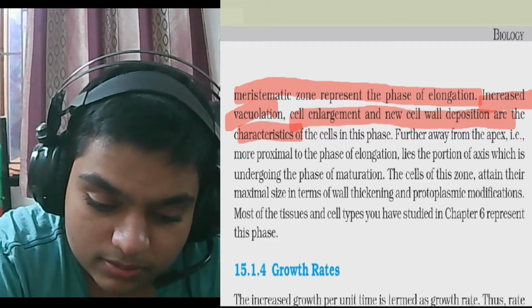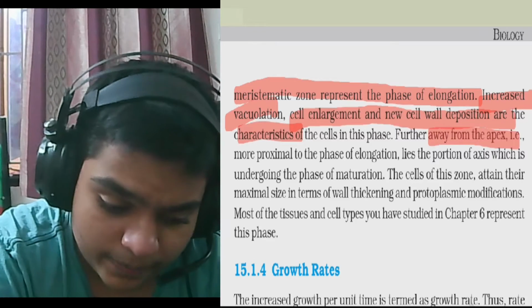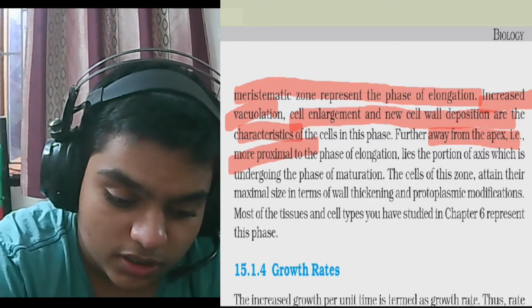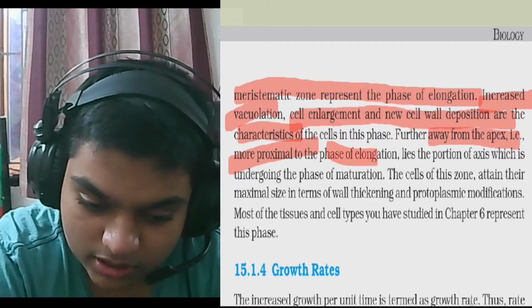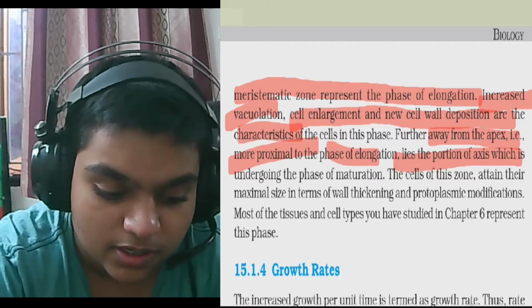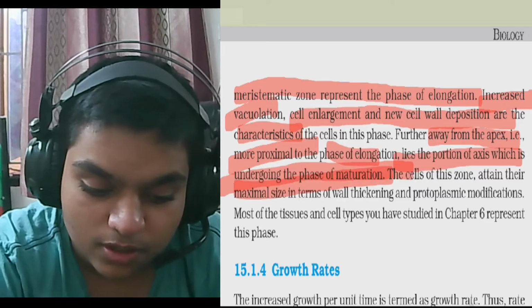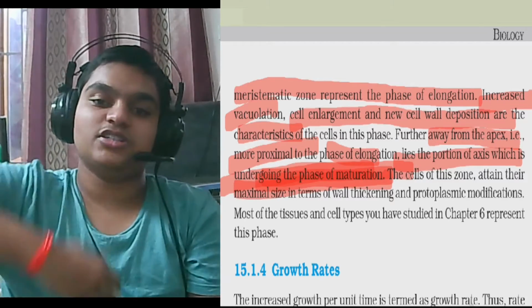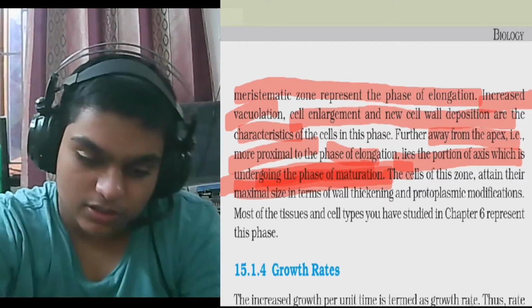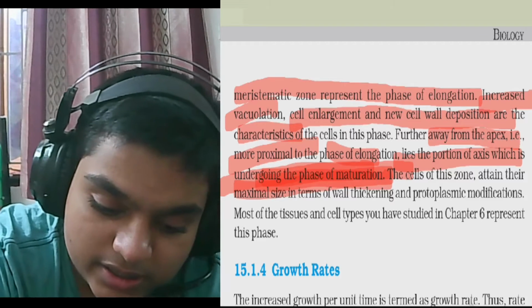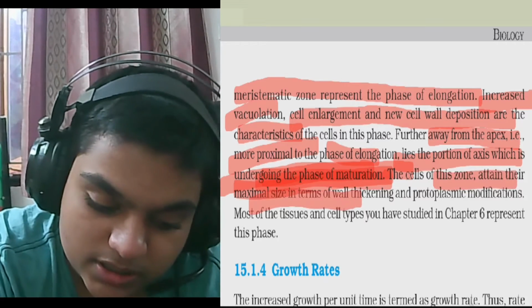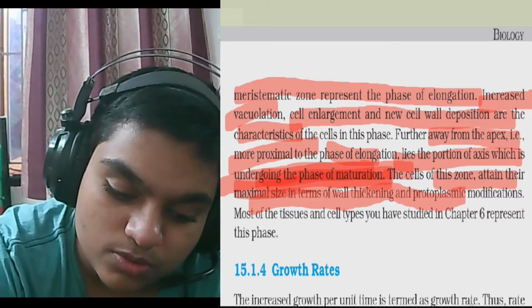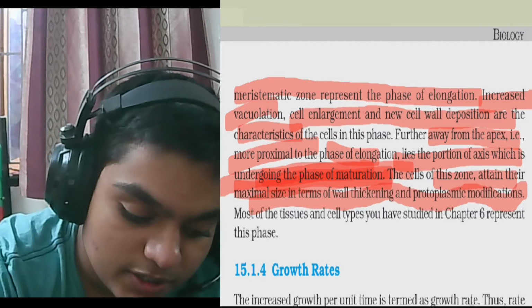Now further away from the apex, that is more proximal to the phase of elongation, there lies the portion of the axis which is undergoing the phase of maturation. These have reached their old age. The cells in this region attain maximal size in terms of wall thickenings and protoplasmic modifications.